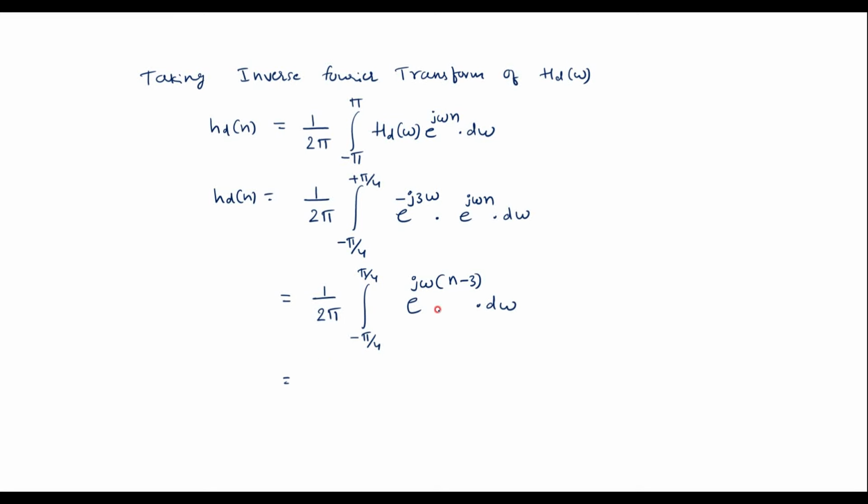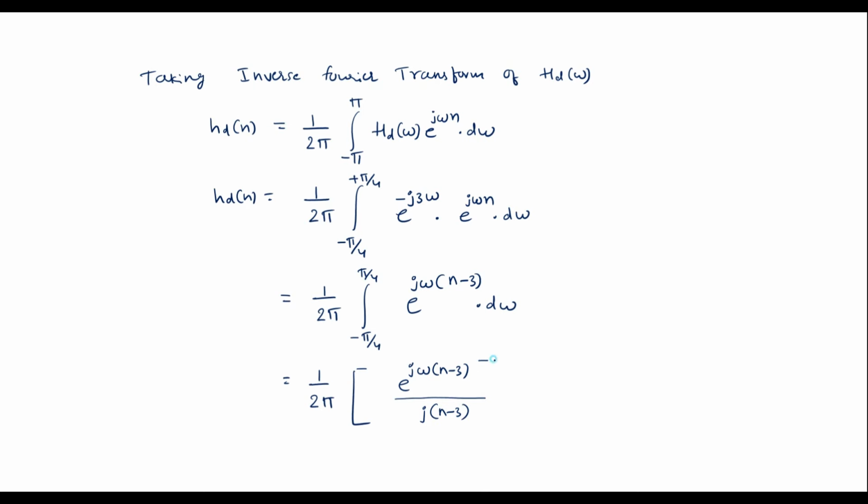Now we'll take the integration of this, that is 1 over 2 pi. Taking integration of this, it gives e power j omega into n minus 3 divided by j into n minus 3.